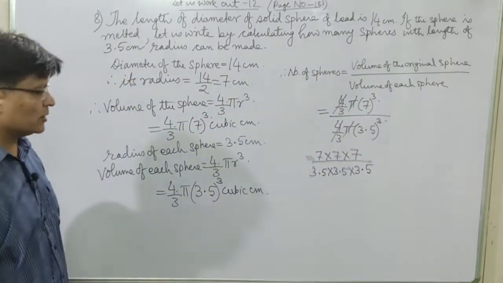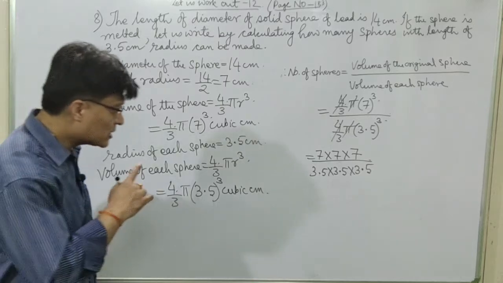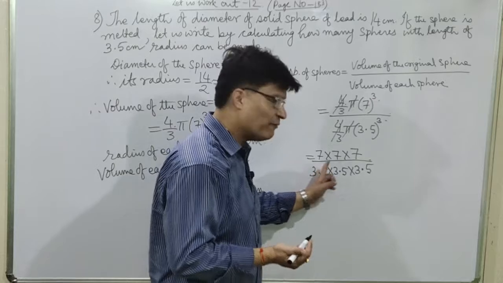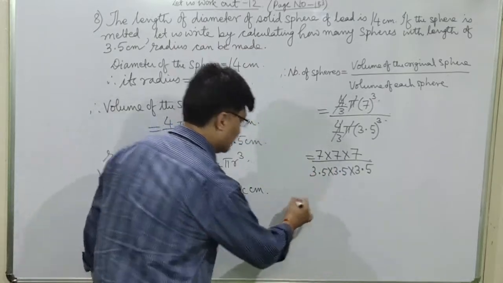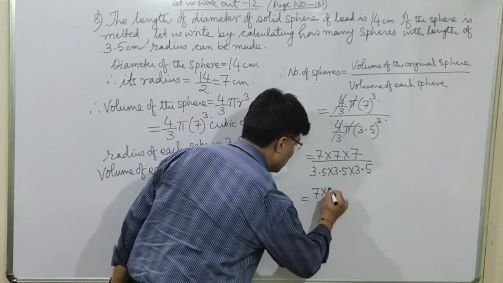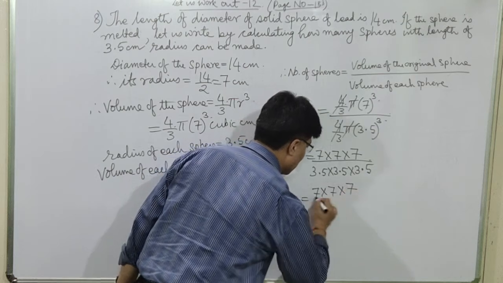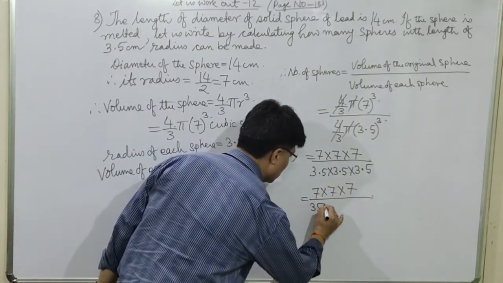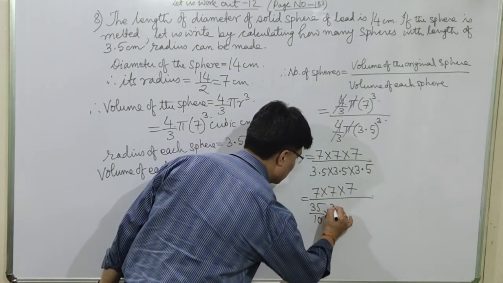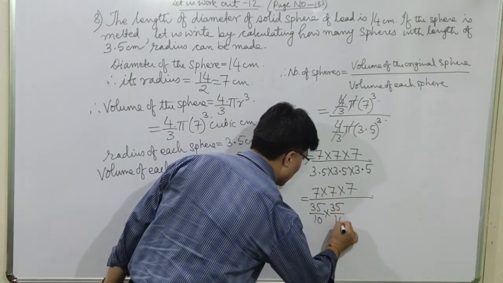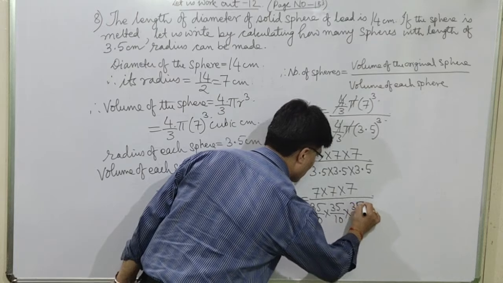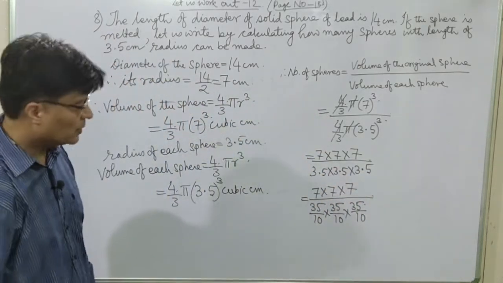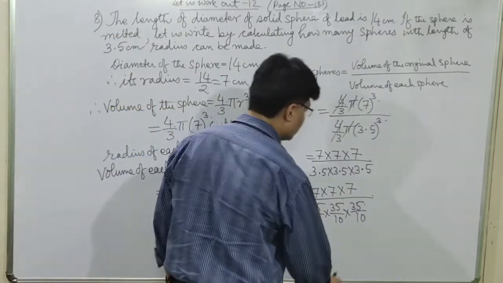So I think you have understood it, okay? So let us convert this decimal into fraction. यो 3.5 लाई हामीले डेसिमल मा चेन्ज गर्न सक्छौं. So which is equal to 7 into 7 into 7 divided by, what is 3.5? This is 35 by 10 into 35 by 10 into 35 by 10. Is that clear? So let us simplify it now.